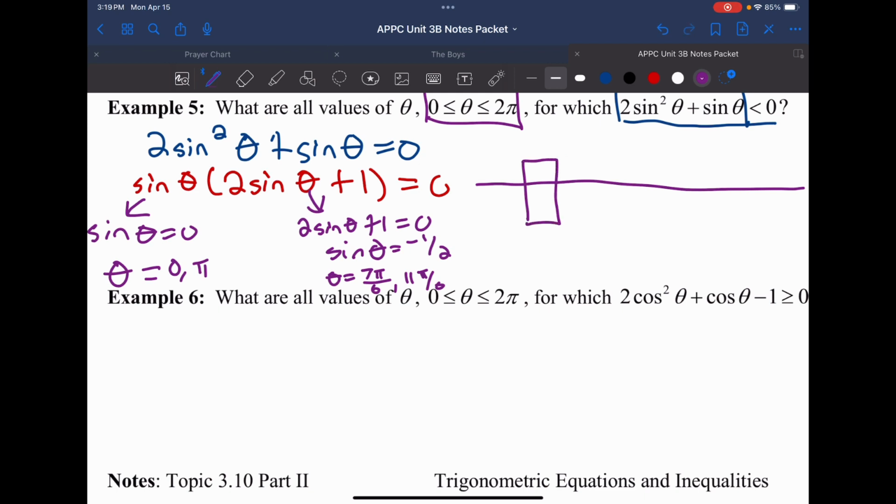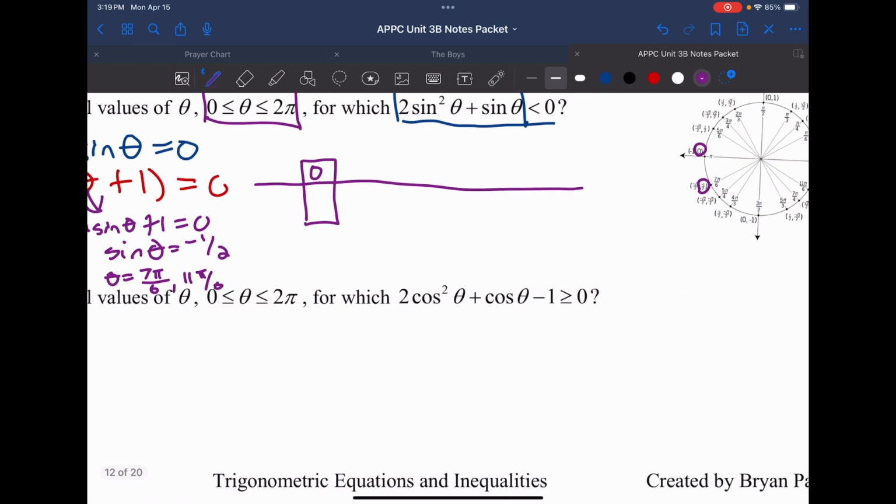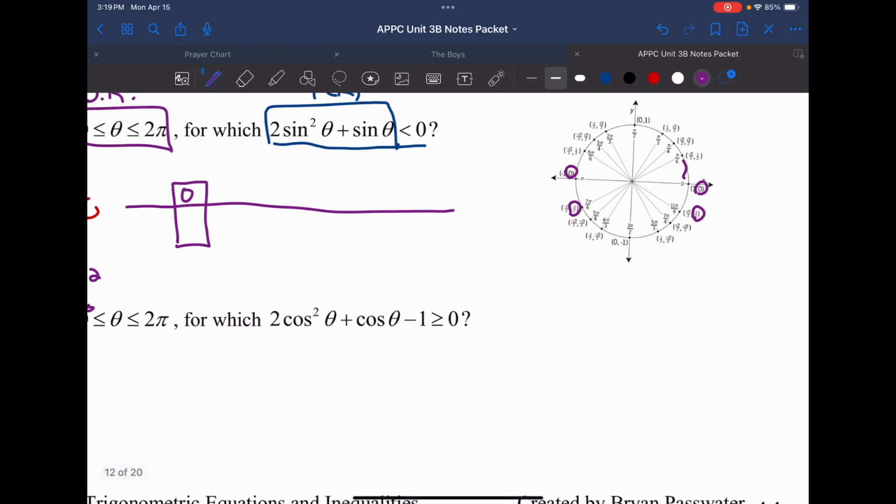My first value to test between is 0. And then I'm going to test next going around the circle between my options 0, pi, 7 pi over 6, and 11 pi over 6. The next one that I come to is pi, then 7 pi over 6, then 11 pi over 6. So I'm going to do them in that order.